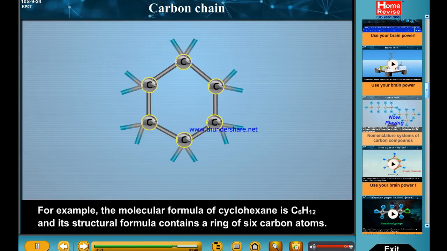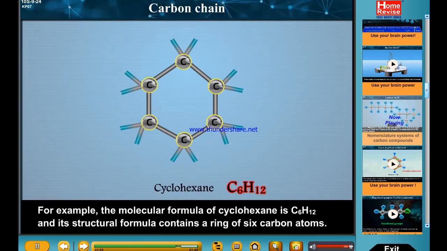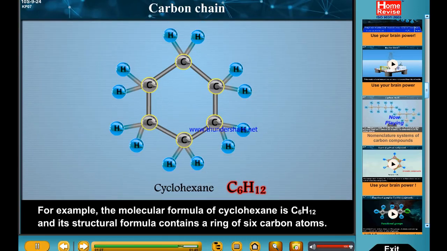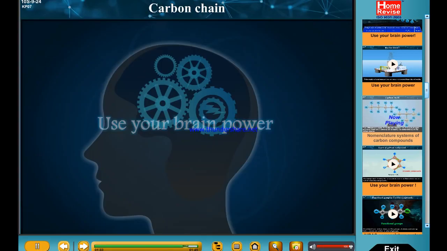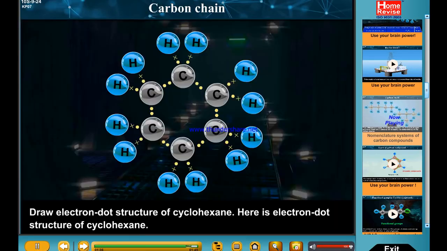For example, the molecular formula of cyclohexane is C6H12 and its structural formula contains a ring of 6 carbon atoms. Use your brain power. Draw electron dot structure of cyclohexane. Here is the electron dot structure of cyclohexane.